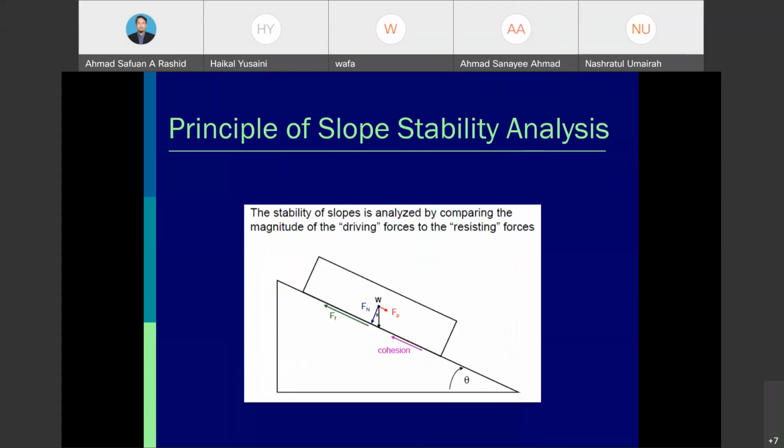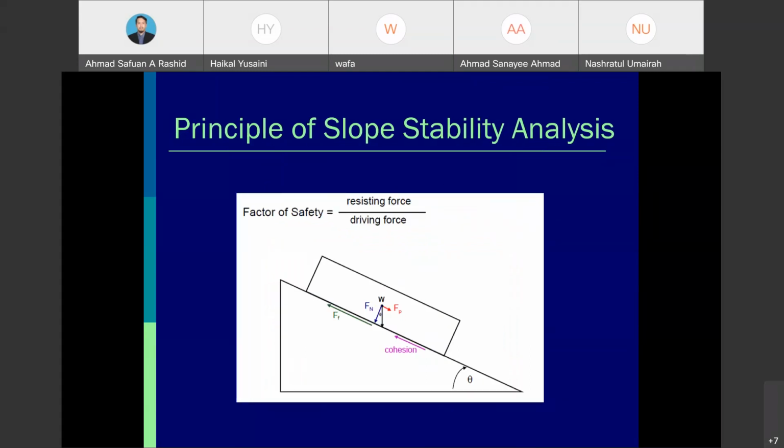So the stability of the slope is analyzed by comparing the magnitude of the driving force to the resisting force. In that case, the factor of safety is derived from the ratio of the resisting force to the driving force.